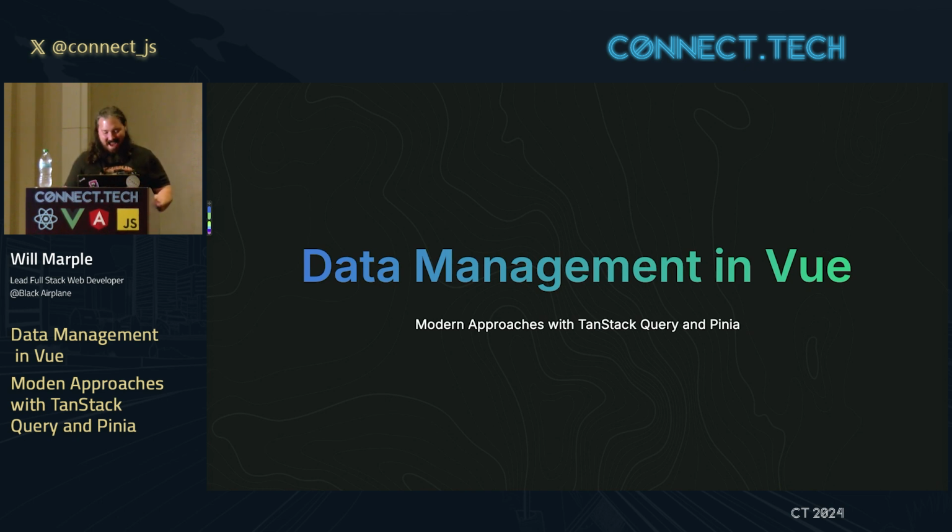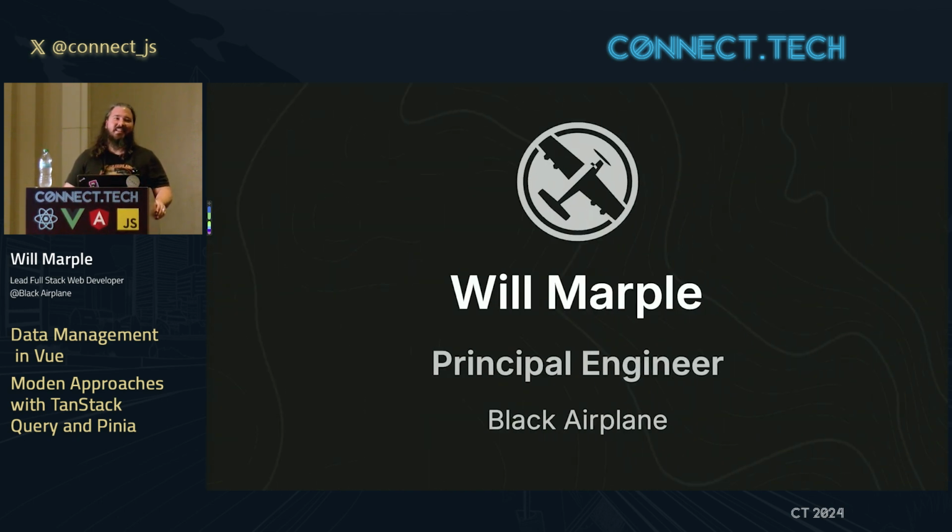So this talk has been influenced by two of my friends, Alex Rivery and Martin Rojas. Martin's here today. They run the Vue and React meetups locally, respectively, and every year we have these great conversations about how we're architecting our applications.